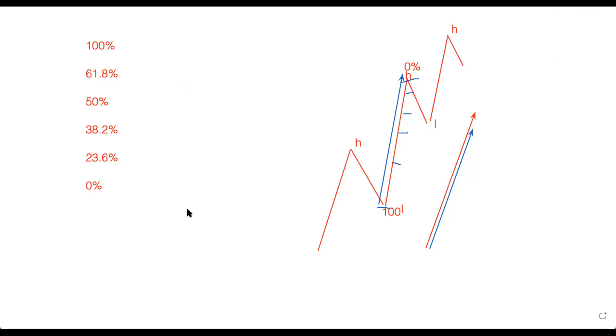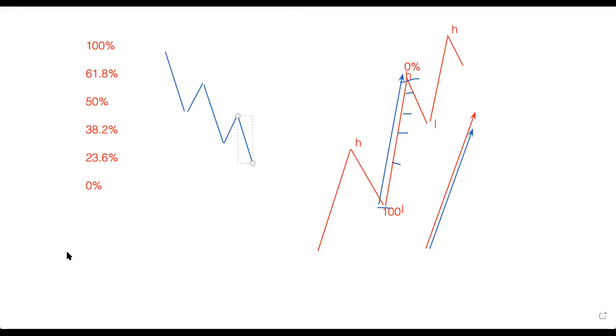And when we are in a downtrend like this, when we are in a downtrend, we are actually looking forward to spot.